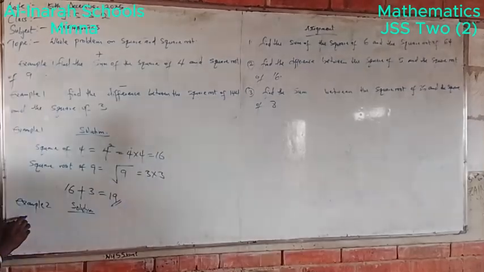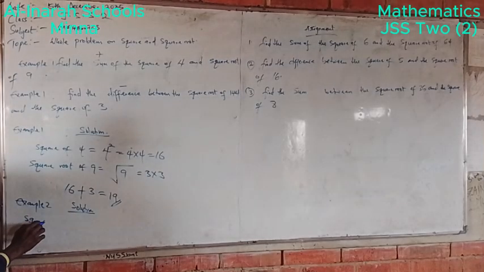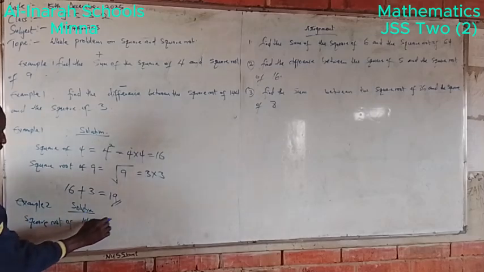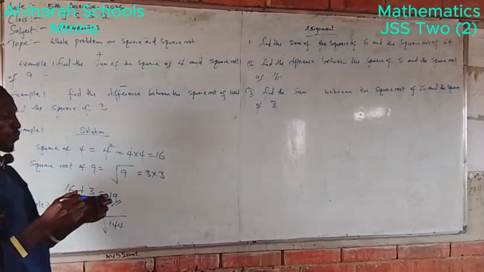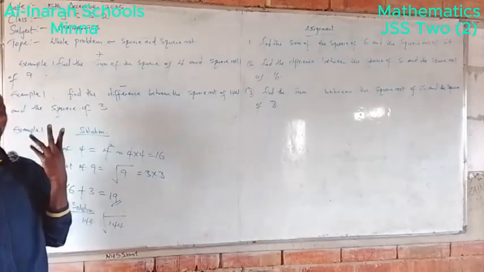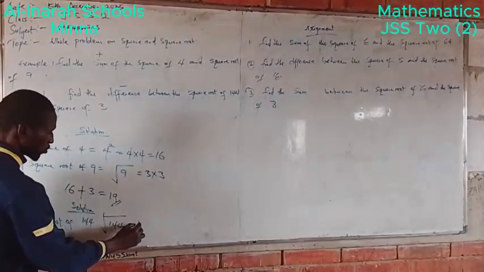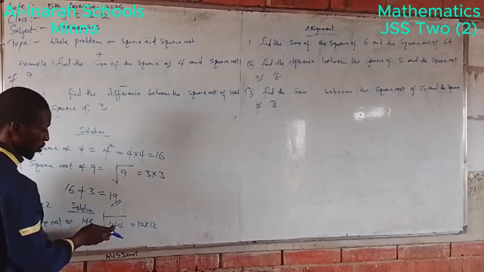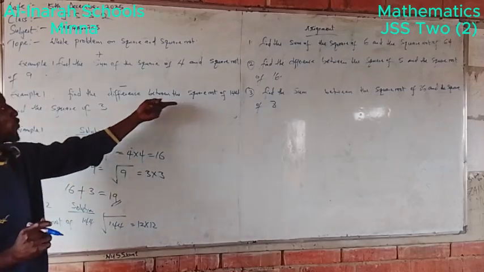Square root of 144, and this is our sign for the square root. Now, let us look for two numbers being multiplied together to give 144. Let us think. 12 times 12 will give us 144. Now, we have solved for the first one.